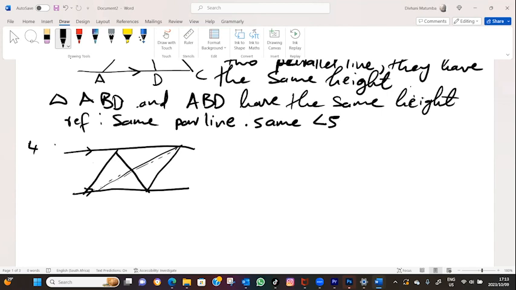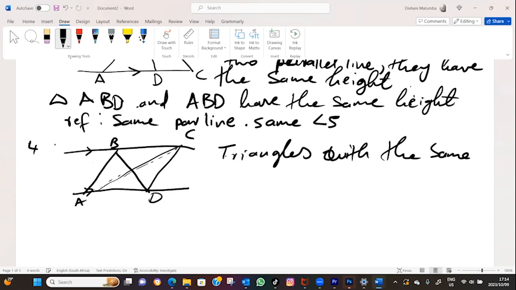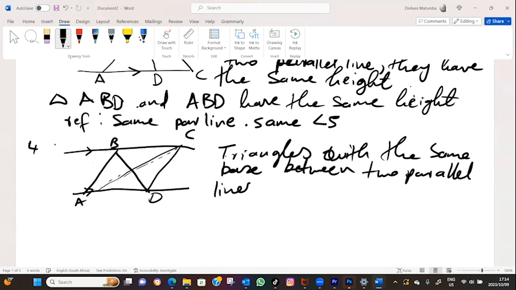Now, what we know, let's say this is A, B, C, D. What we know about a polygon ABCD is that the triangles with the same base between two parallel lines have the same area.